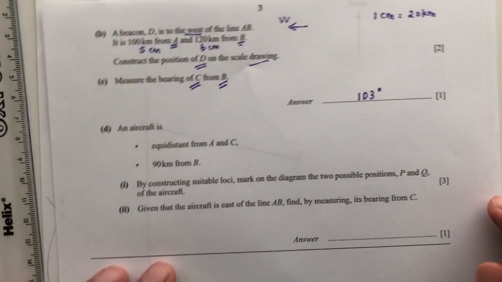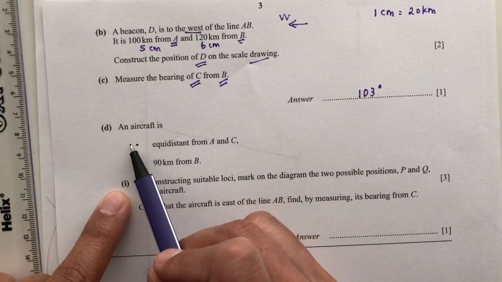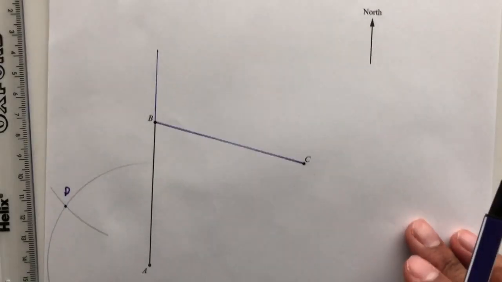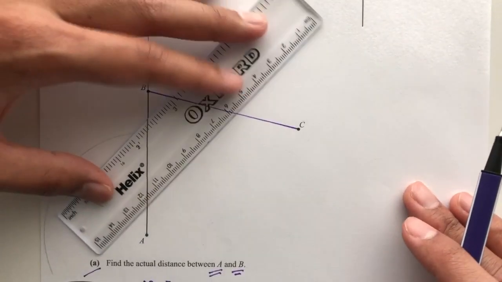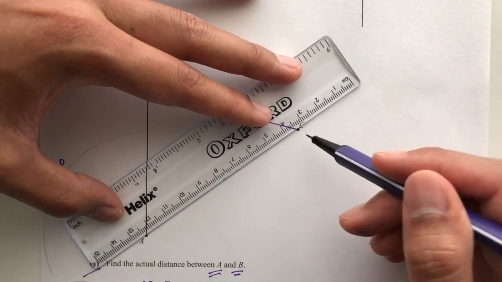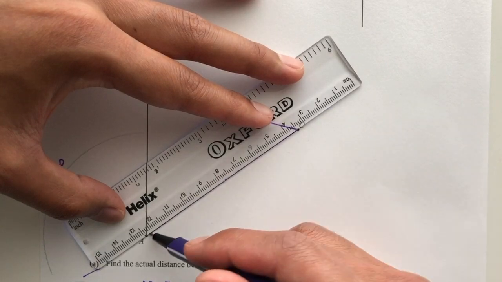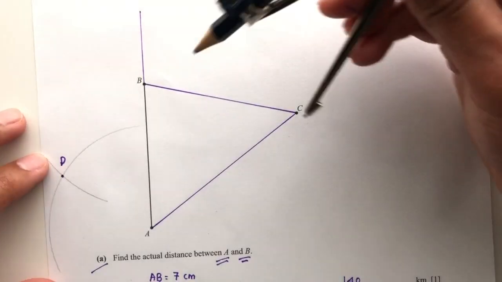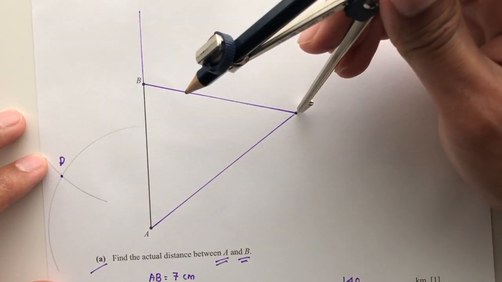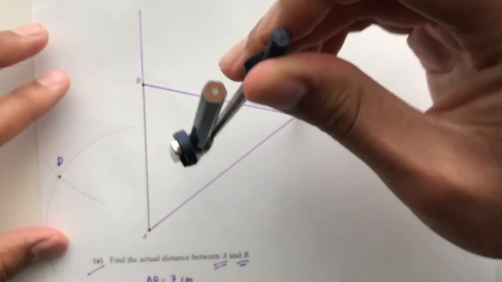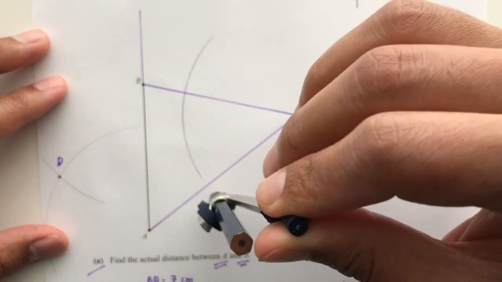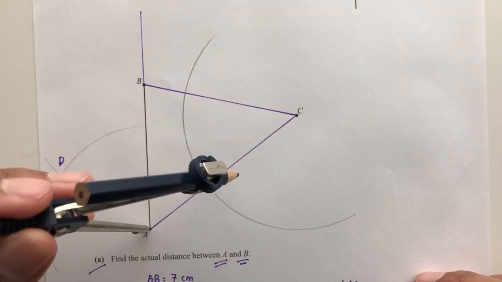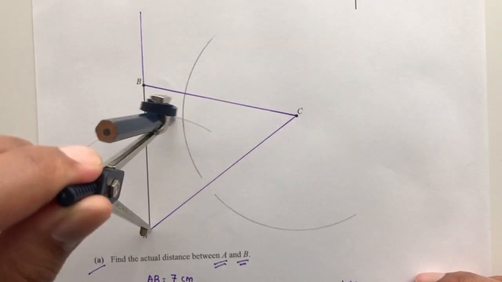Now for part D, an aircraft is, so that's question D, we have two conditions here. Equidistant from A and C. So AC, let's join those two points. We have line AC, and the aircraft needs to be equidistant from those two points. So we have to draw the perpendicular bisector of A and C. First we draw an arc above, an arc below, and then using the same distance you go to point A, intersect this one and this one.